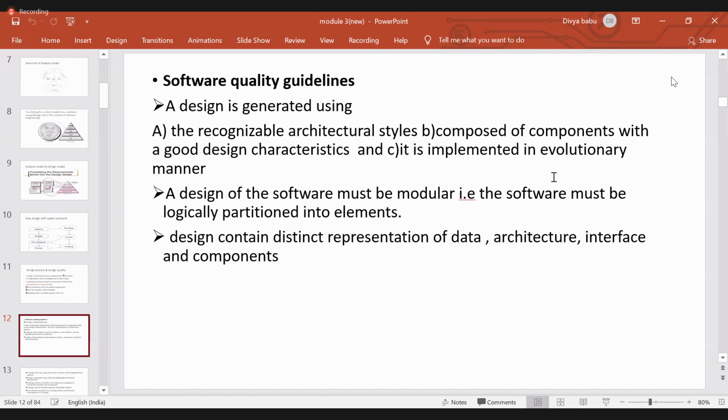In DFD we also learn different notations, the Yourdon method and one more method. If you follow one particular method, you should use the same notations. Otherwise, that is called standard. It's a standard notation.